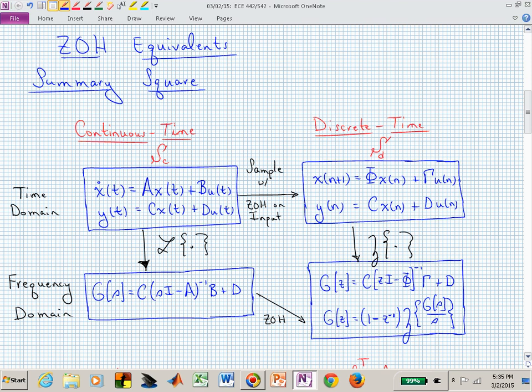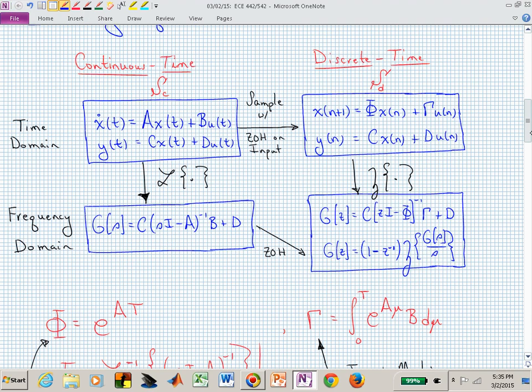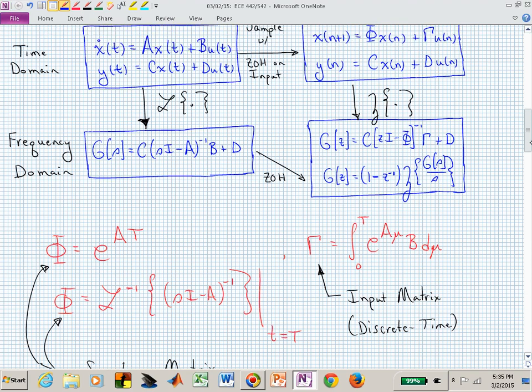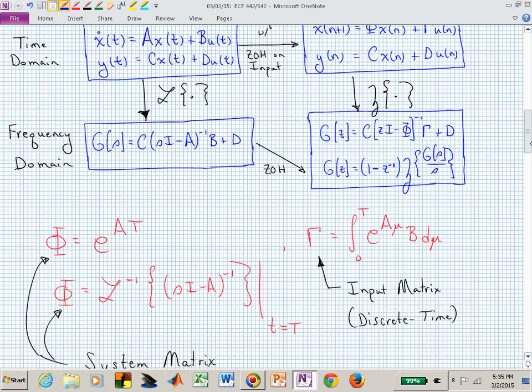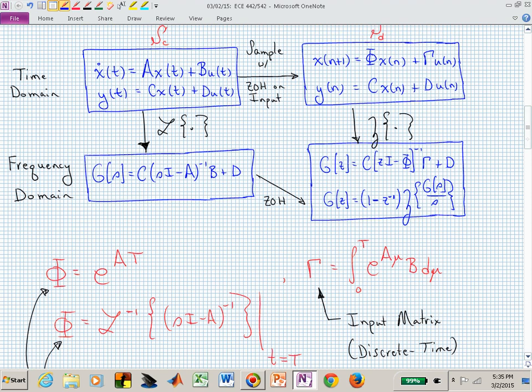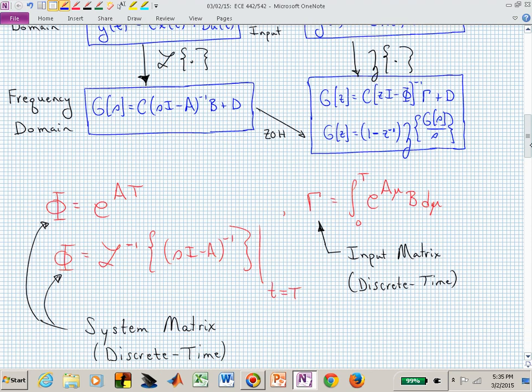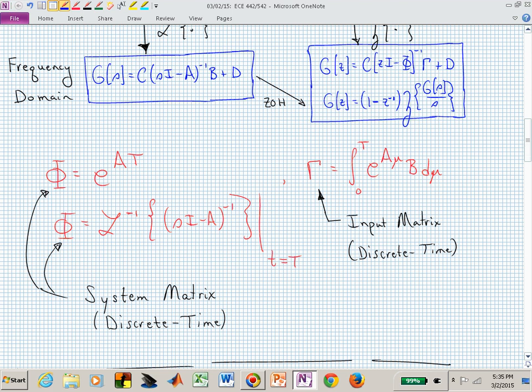This gives you a block diagram type way of thinking of what you're doing, where the zero order hold up above, when you sample your continuous time system, you will end up with this system matrix in discrete time, which we're now using the Greek symbol phi. That becomes this matrix exponential e to the capital A capital T, which you can find numerically.